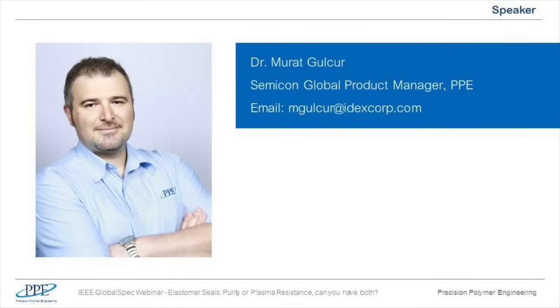Before I start, I'd like to introduce myself and my background. My name is Murat Gulkur, and I'm the Global Product Manager for Precision Polymer Engineering's Semiconductor Products and Materials. I started to work in PPE in early 2015 as a senior scientist in the R&D department, developing new materials for semiconductor applications, and then moved to a product management role at the beginning of this year.